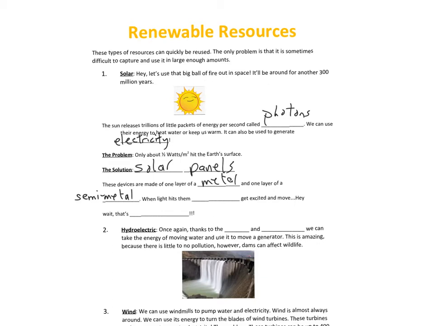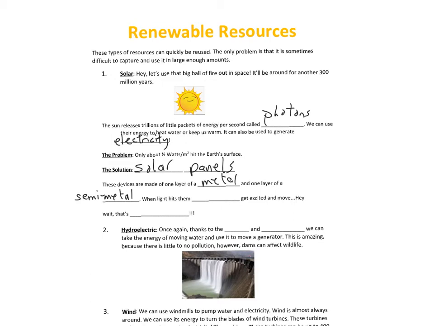Then we also have other classifications of elements called nonmetals, like oxygen, carbon, sulfur, and any of the elements that are gases. We also have, wedged in between them, elements that are not quite metal and not quite nonmetal. Not to use a double negative, we call them semi-metals. They're kind of metal, they're kind of not, and they have properties that straddle the line between metals and nonmetals.